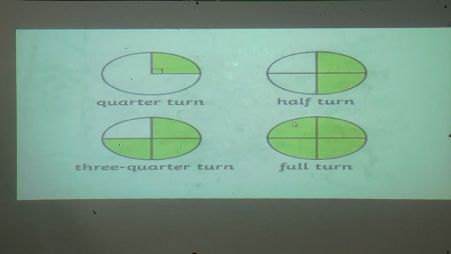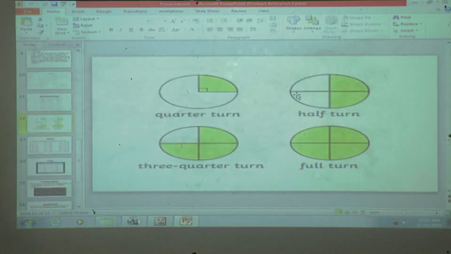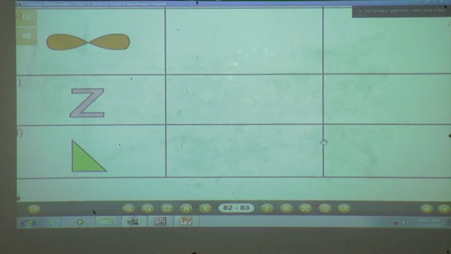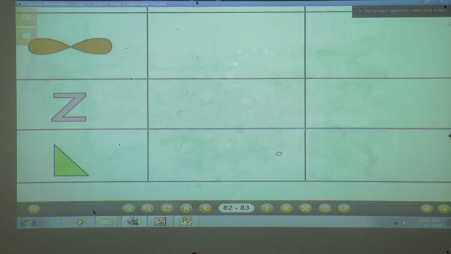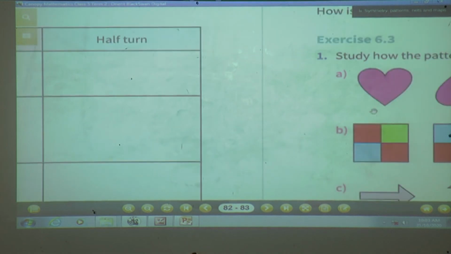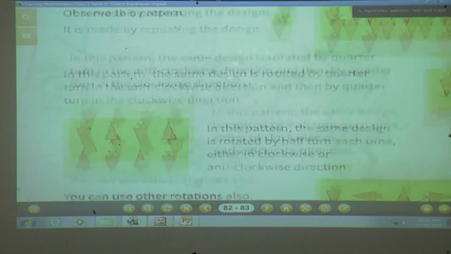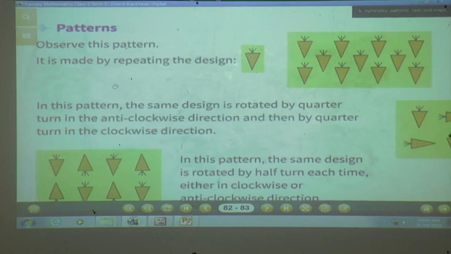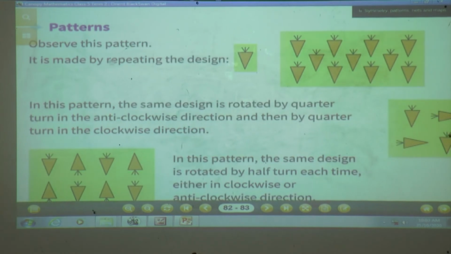So students, now we'll see patterns. Open page number 83. Observe this pattern. It is made by repeating the design, isn't it?